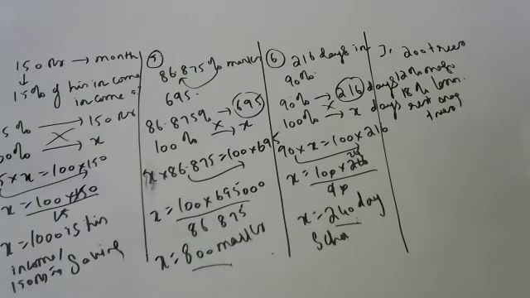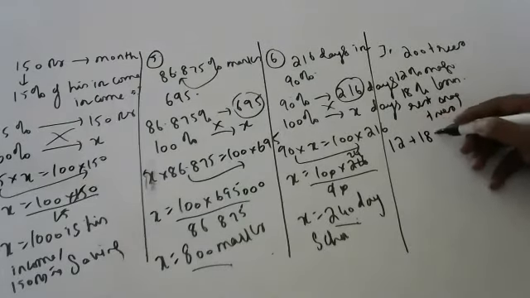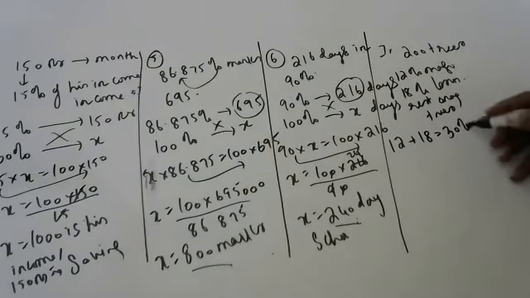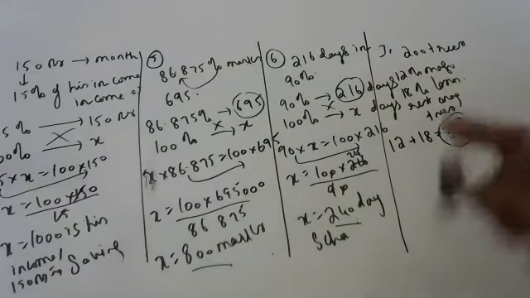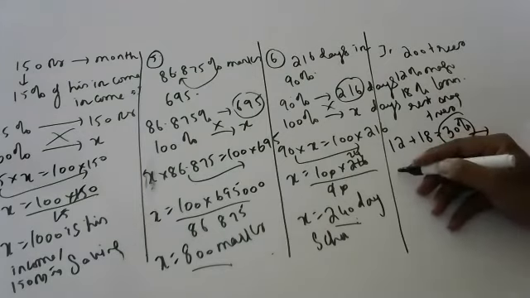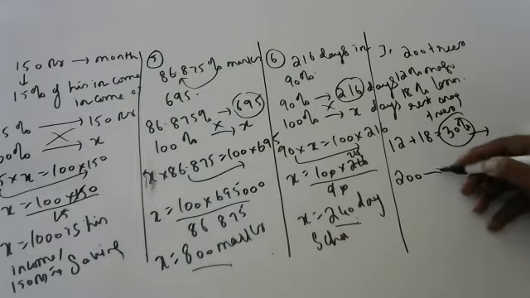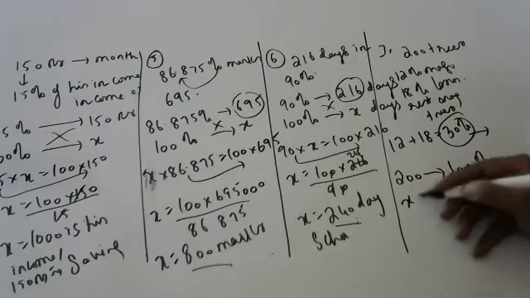Hansika, can you tell this one? 12% is mango, 18% is lemon, total 30% is mango and lemon. How much percent is left over? 70% is left over. 200 trees is 100%. So how much is 70%?